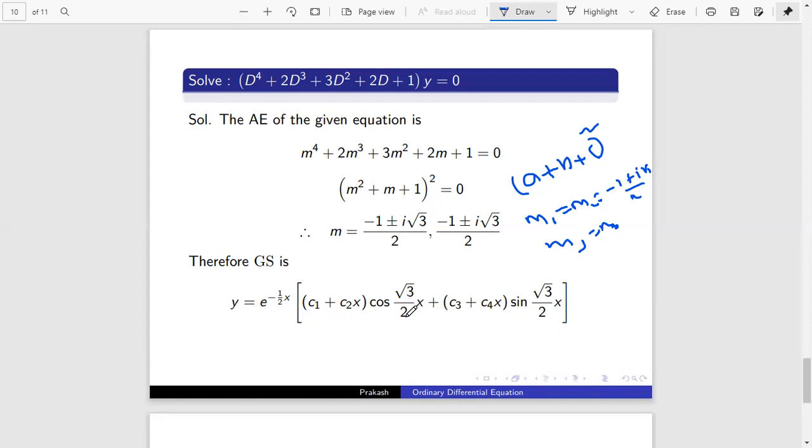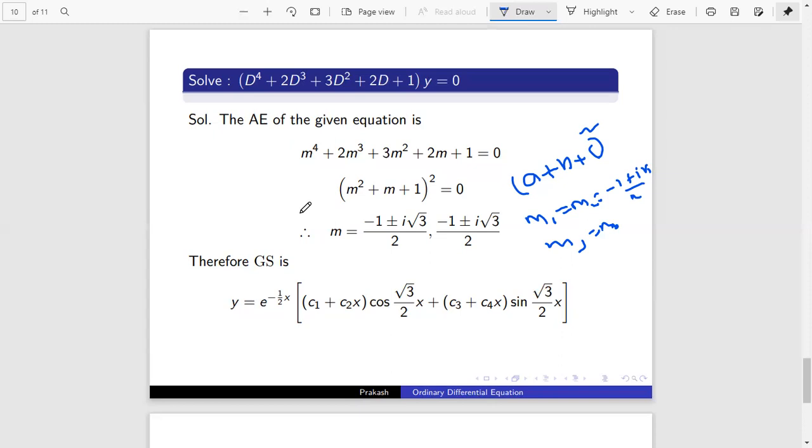Here root 3 by 2 is the coefficient of i, and alpha is the real part. So this is the procedure to solve the homogeneous linear differential equation.